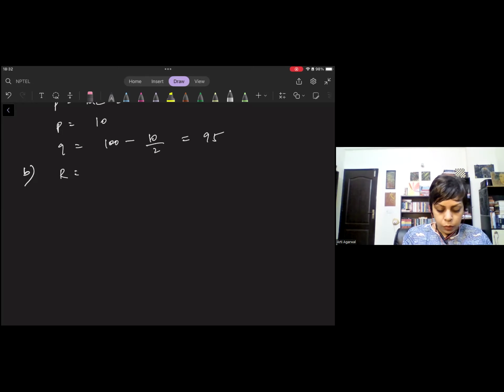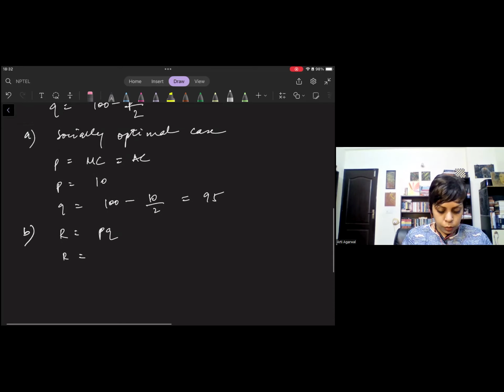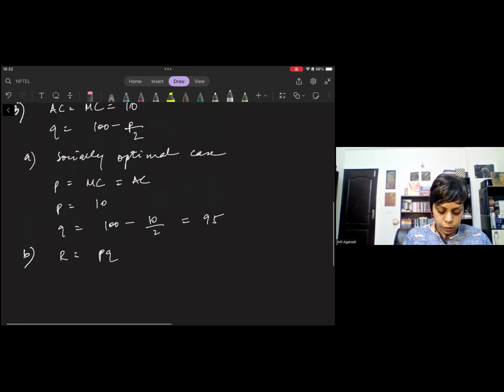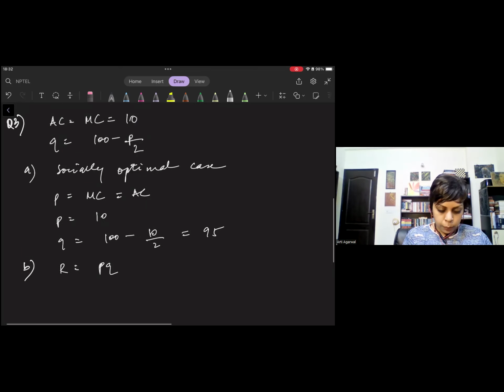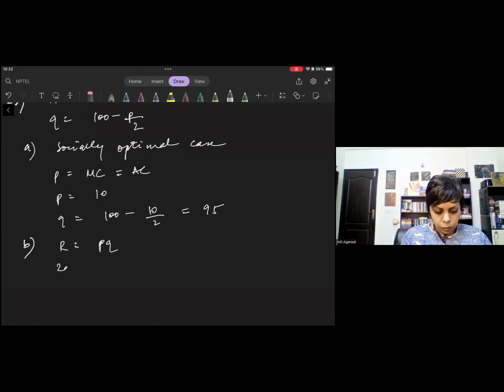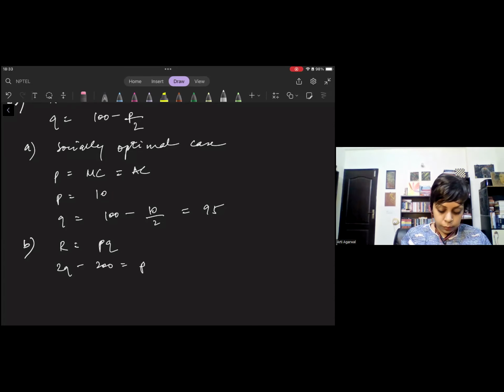First, let's calculate the revenue, which is P into Q. Let's write the expression for P first. So we're given the demand function. So 2Q minus 200 is equal to, sorry, let's put this aside, 200, right?